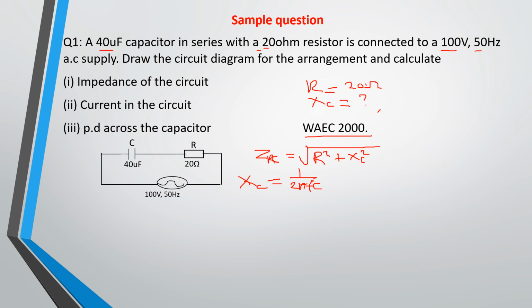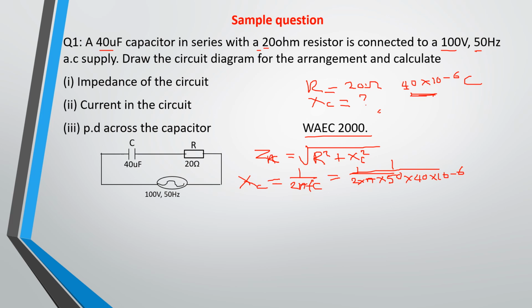Don't forget that for a microfarad capacitor, you have to convert it: multiply the 40 by 10 raised to power minus 6 to give you the capacitance in farads. Substituting, you have 1 over 2 times pi times the frequency, 50 Hz, multiplied by the capacitance, 40 times 10 raised to power minus 6. Use your calculators to solve this.